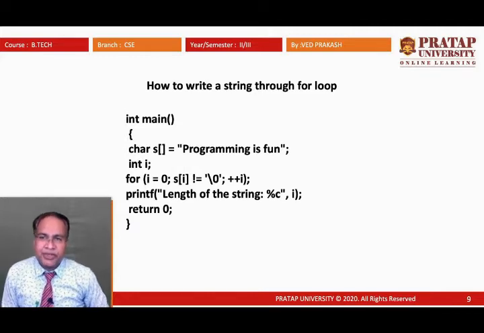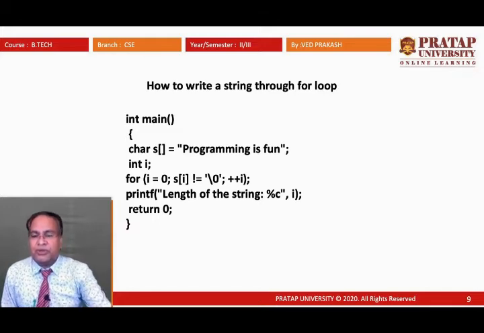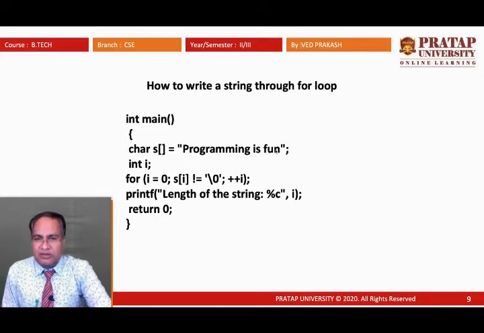Now there are examples of how to write a string through the for loop. We declare a character array having the name S, and we initialize this character array using this statement: Programming is fun.